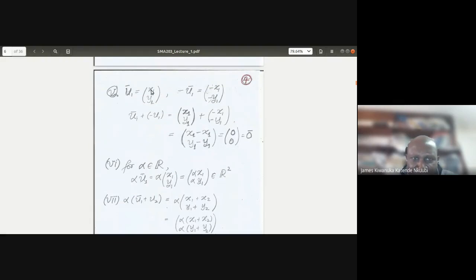The next one was what was supposed to be the fourth property. If we pick any vector u1 = (x1, y1), then the vector minus u1, which we define as just the negatives of the elements in the components of u1, we see that if we add u1 plus this minus u1, we get the 0 vector.